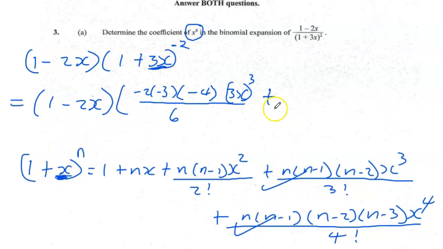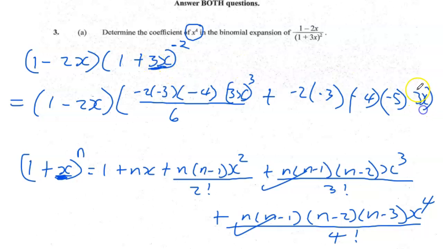Next, the term with x to the fourth power: again n is minus 2, times minus 2 minus 1, that's minus 3, times minus 2 minus 2, that's minus 4, and minus 2 minus 3, that's minus 5, times 3x to the fourth power, all over 4 factorial. And 4 factorial is 4 times 3 times 2 times 1, so 4 factorial is 24.